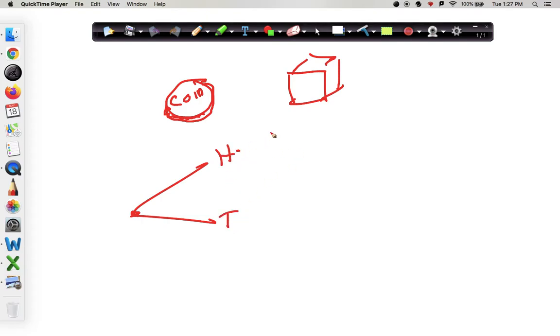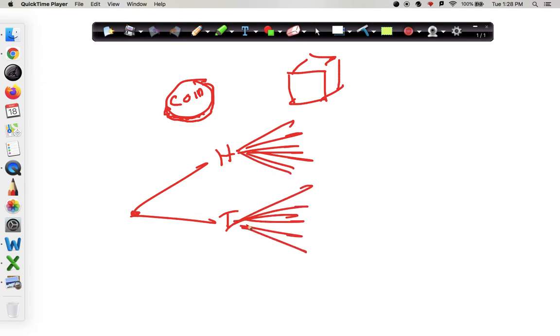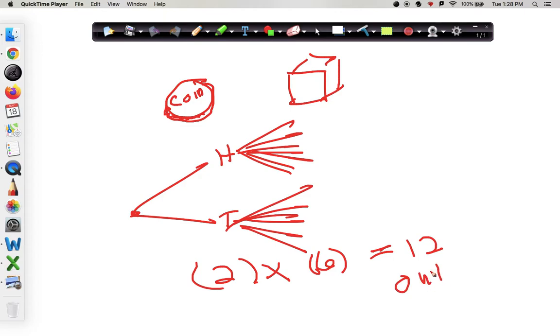And then after heads, 1, 2, 3, 4, 5, 6. After tails, 1, 2, 3, 4, 5, 6. So there's 2 possibilities on this times the 6 possibilities on the rolling cube. So that's 12 outcomes. An outcome would be something like tails and 1, tails and 2, tails and 3, and so on.